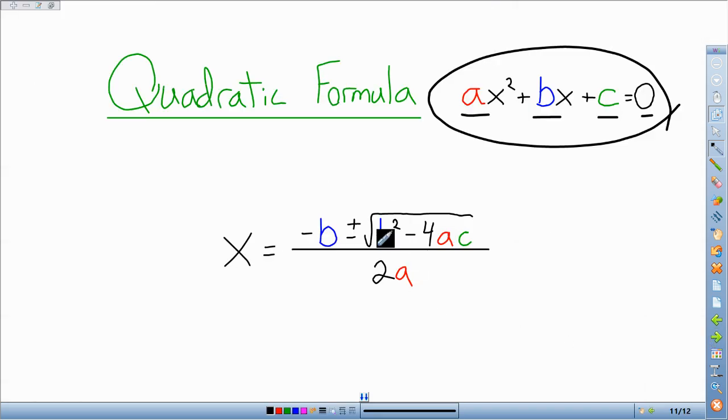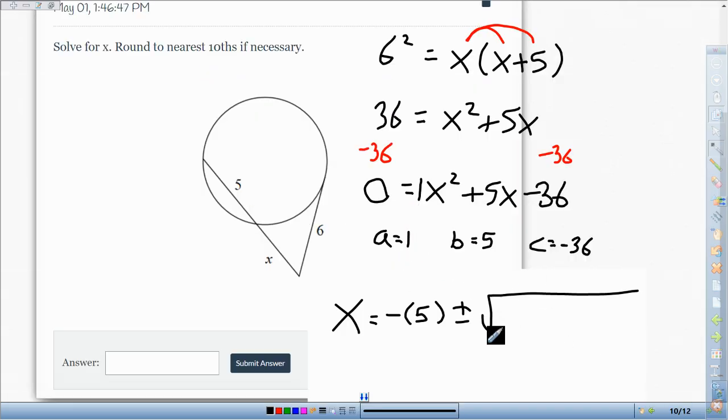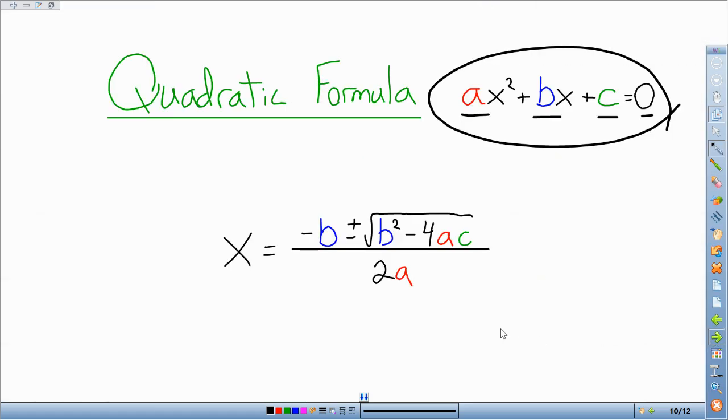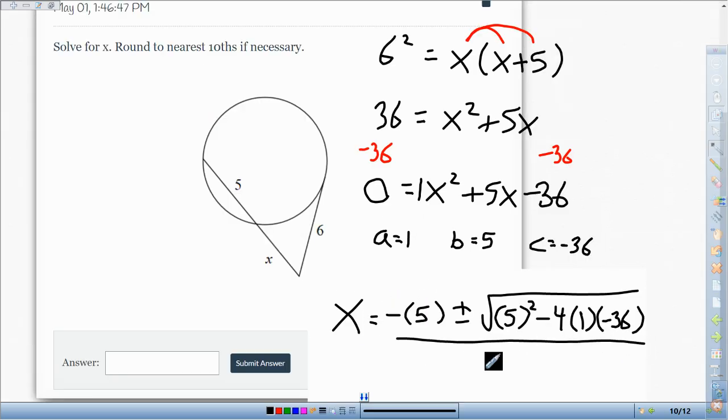Quick reminder, b squared minus 4 times a times c. So b again is 5, so 5 squared minus 4 times a, 1, times c, negative 36, all over 2a. And a again is 1.